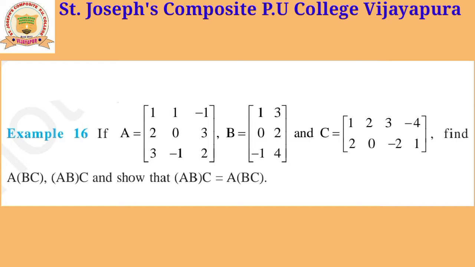And C is a matrix of order 2 by 4 having the elements 1, 2, 3, minus 4, 2, 0, minus 2, 1. Find A(BC), (AB)C and show that (AB)C is equal to A(BC).